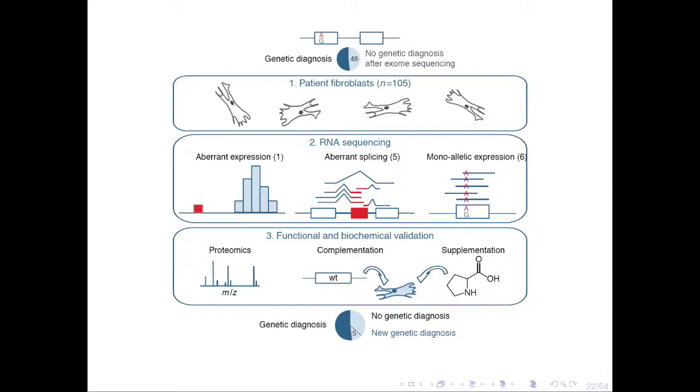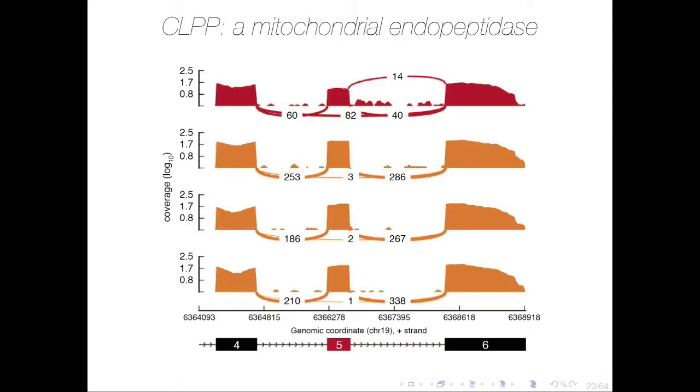And they were able to confidently diagnose an additional 5 out of the 48 patients, as well as giving putative diagnoses for another 23. To show you one example of this, CLPP is a mitochondrial endopeptidase, which they found using leafcutter.